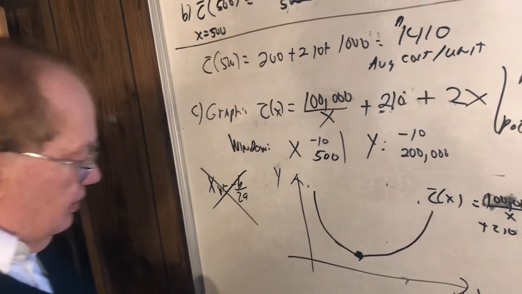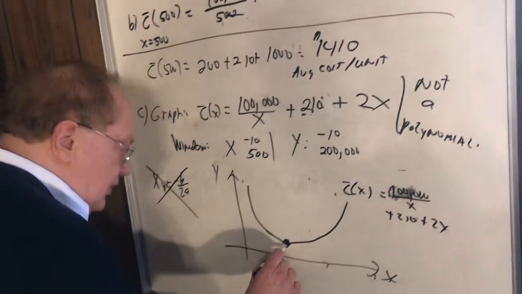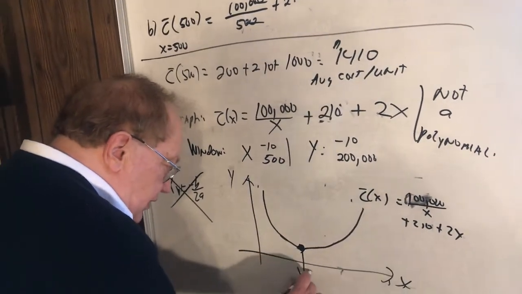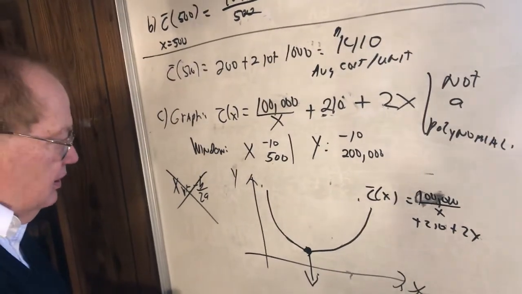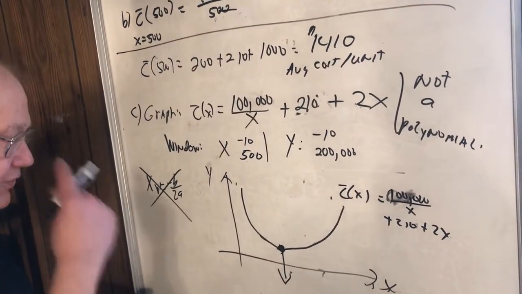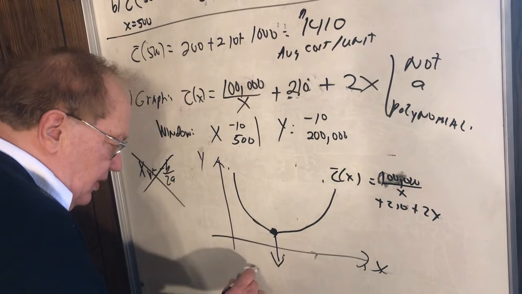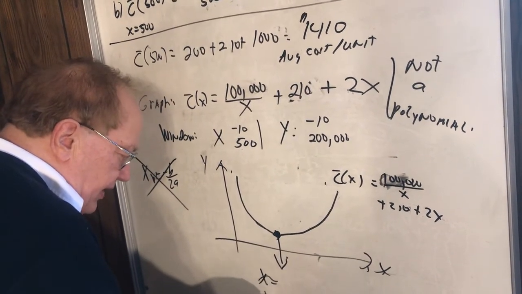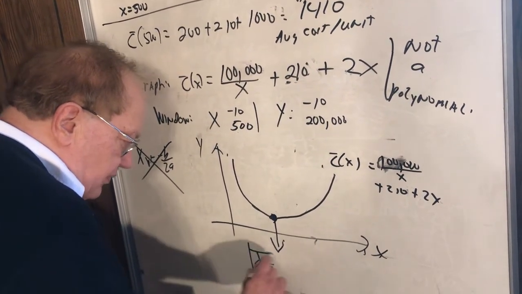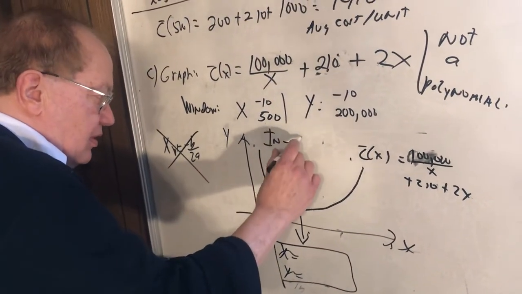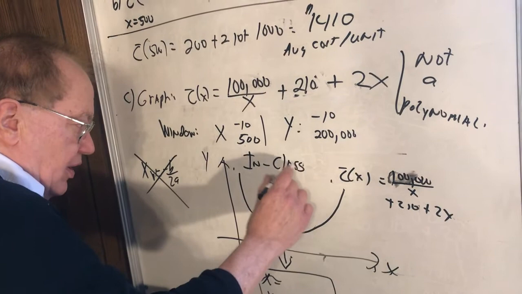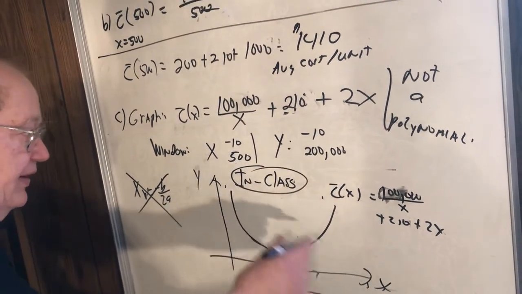Okay. This one's a very difficult one to find, but you're going to get an X and Y here. I will do this in class because my window has to be different than this.